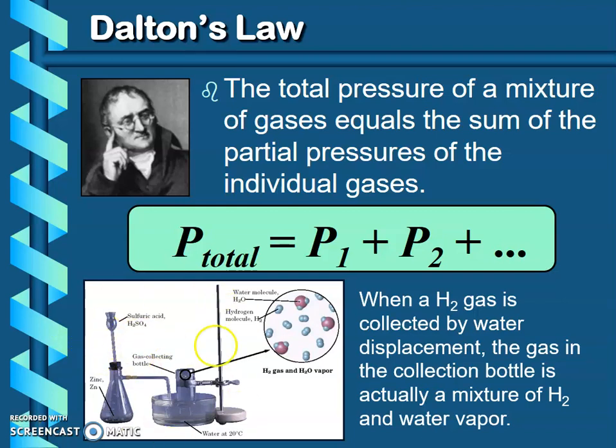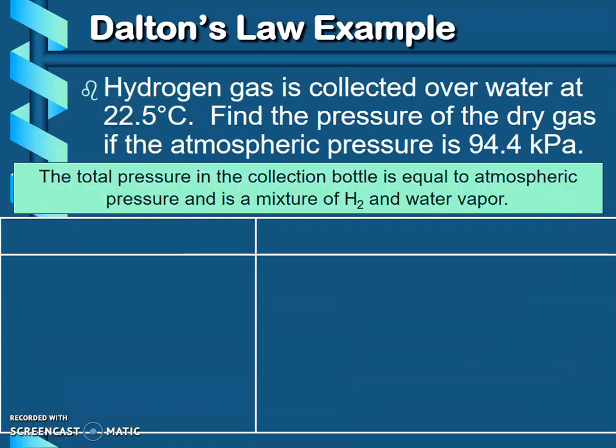So the gas you have in this area is a mixture of the hydrogen gas that you're collecting as well as some water vapor gas. And so we need to use Dalton's law a lot of times to be able to determine how much gas we have produced.